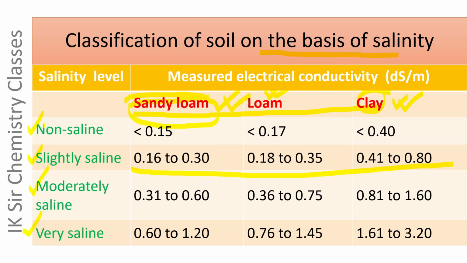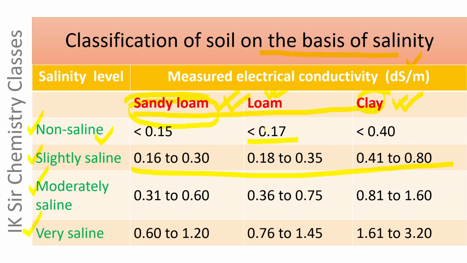In loam, if the electrical conductivity of water extract is less than 0.17 decisiemens per meter, it is non-saline.